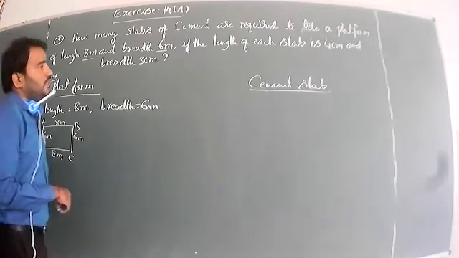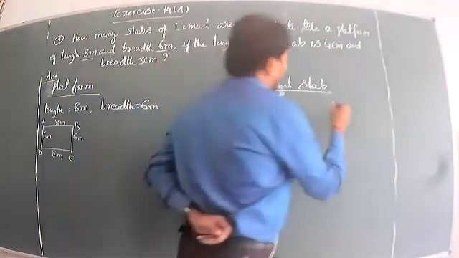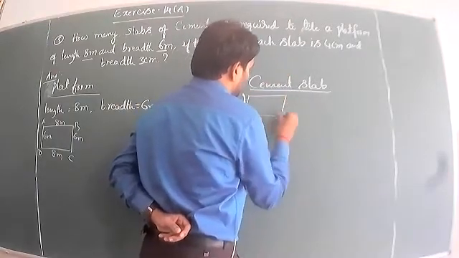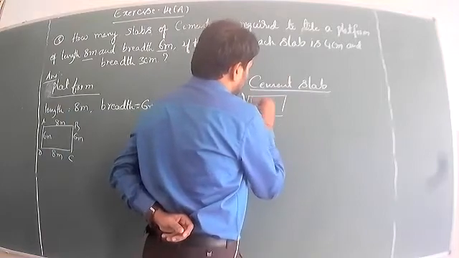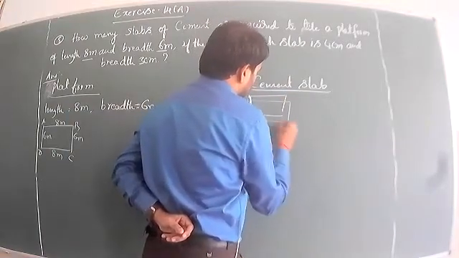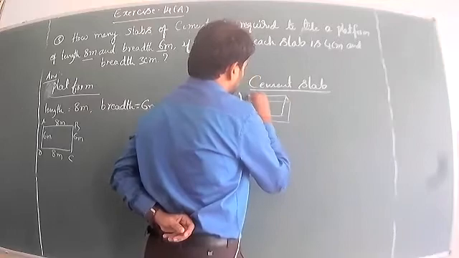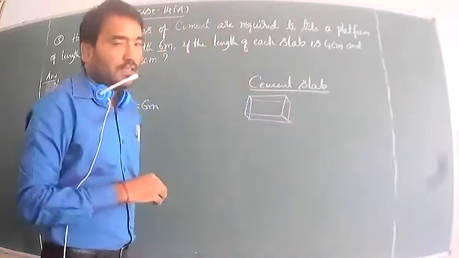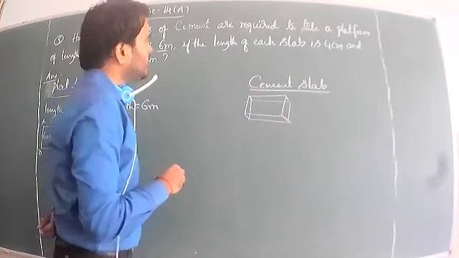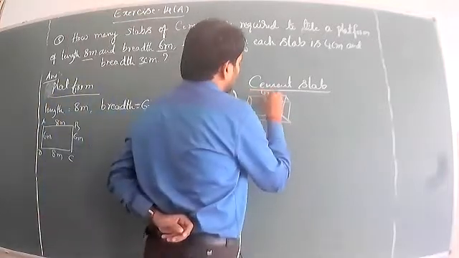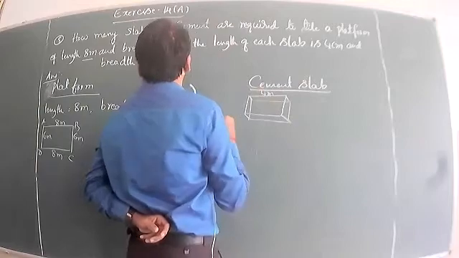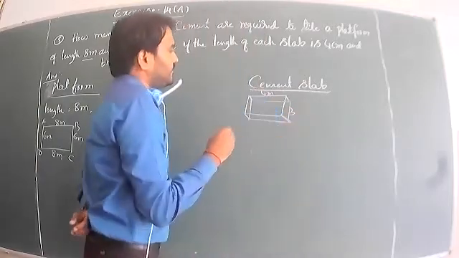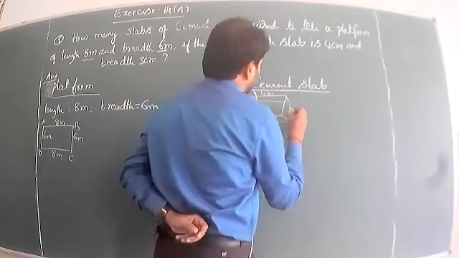Here is the cement slab. The length of the cement slab is 4 meter, then the breadth is 3 meter, sorry, 3 centimeter.